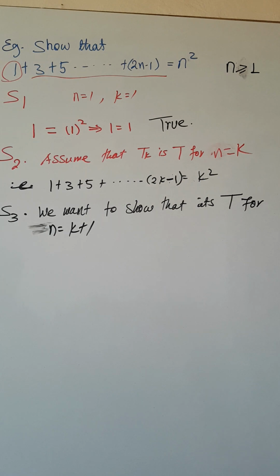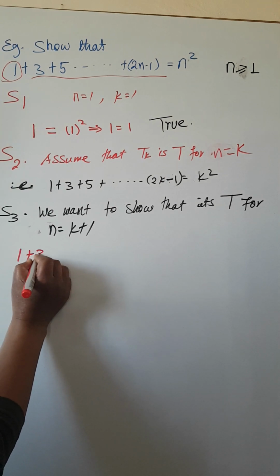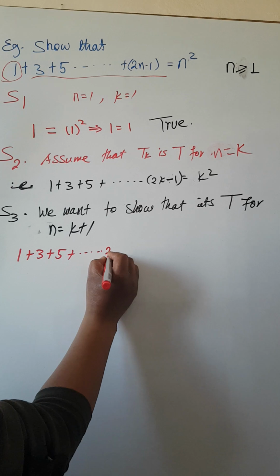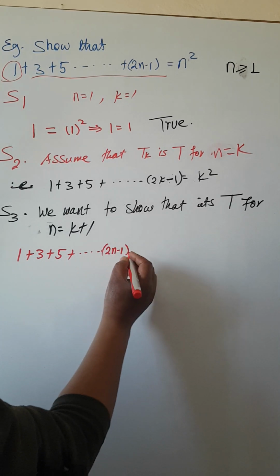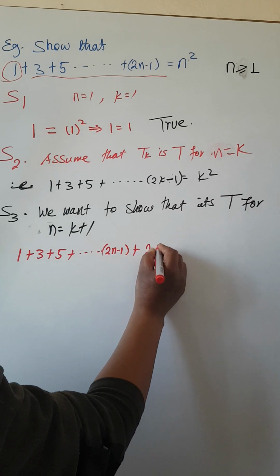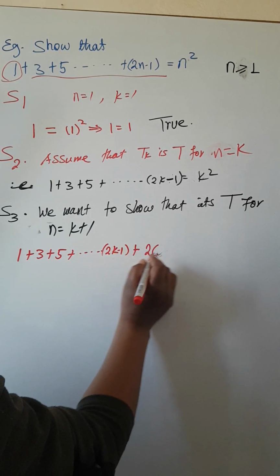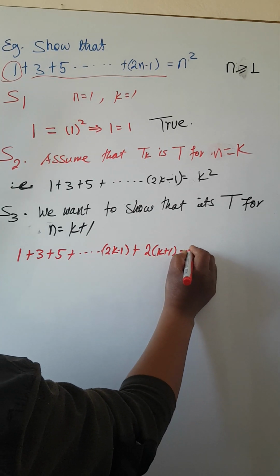Now, this is to mean the series 1 plus 3 plus 5 plus 2n minus 1, this is up to n, then plus 2 times k plus 1, minus 1.